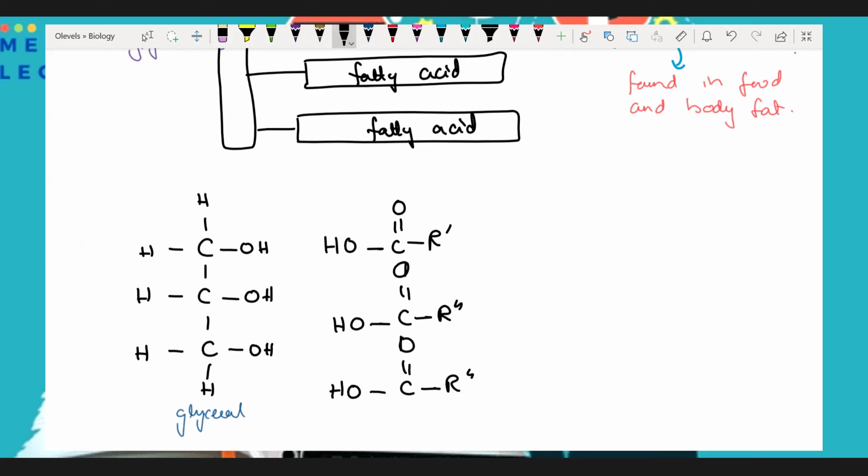So this was the structure of glycerol, and this is the structure of three fatty acids, right? Yes, Mipsam, what were you saying? What is the R? It's for an alkyl group.